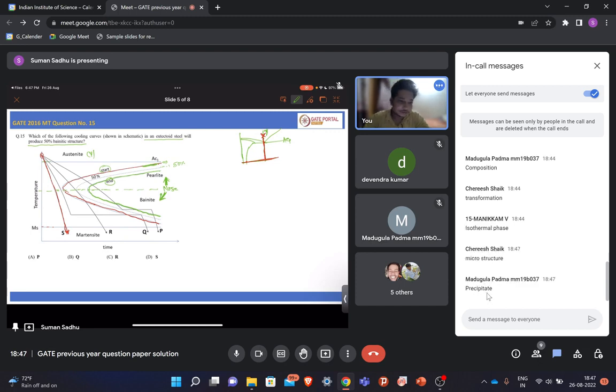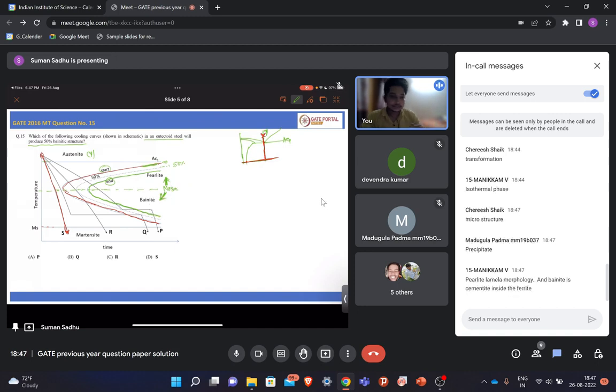Precipitation of cementite occurs, yes. That microstructural difference is there, and we also get precipitates of cementite, but the main difference is the morphology of the ferrite phase.